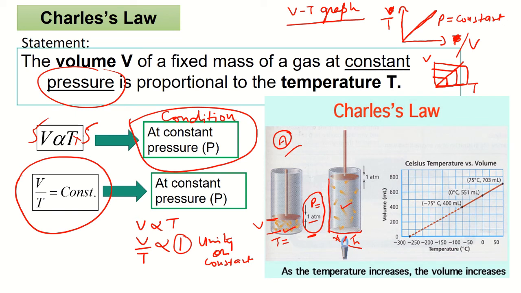So from here the graph is between the temperature. This is the temperature here. And one more thing, the unit of the volume, whenever we calculate, should be meter cube and the unit of temperature should be Kelvin.